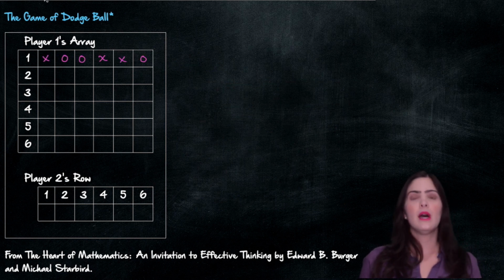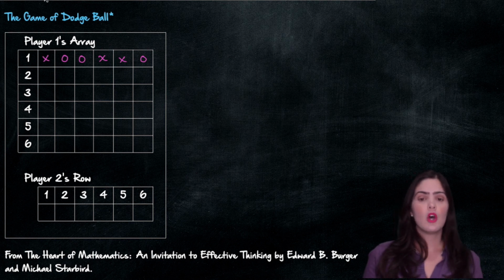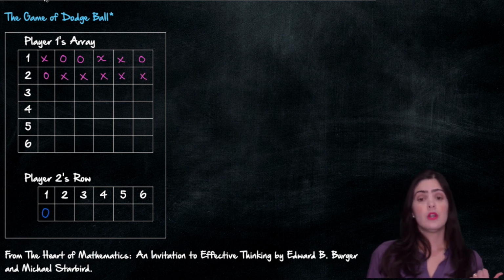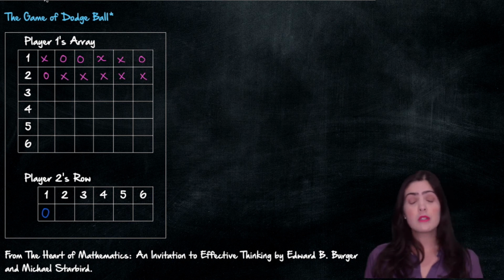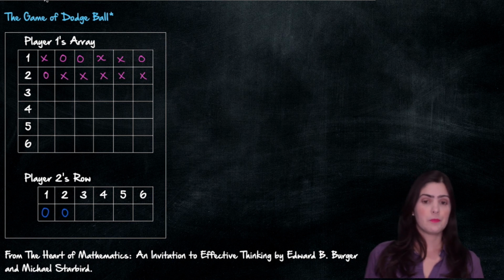So here, player 1 decided to do cross, knot, knot, cross, cross, knot. And after this, player 2 says, okay, I'm going to do knot. Then player 1 does knot, cross, cross, cross, cross, cross, and then player 2 chooses knot.